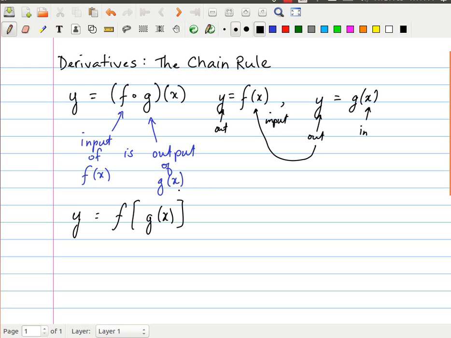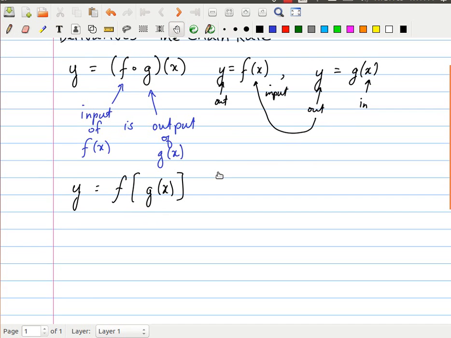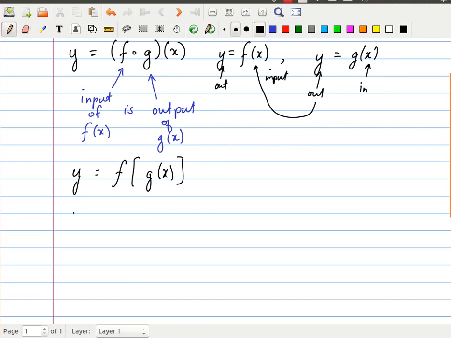And the rule we have for that, the chain rule itself, specifies that when you take the derivative of this, so if we take y prime, that is going to be equal to the derivative of the exterior function, which is f, and then we leave g of x intact, and then we multiply that whole thing by the derivative of the interior function, which would be g prime of x. So that's the standard definition for the chain rule.